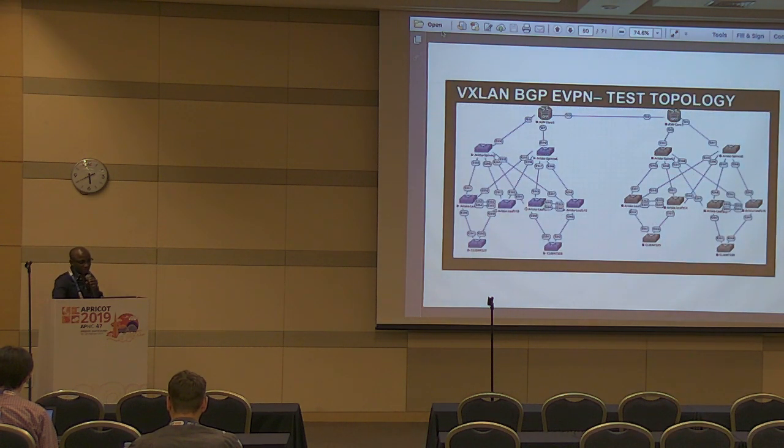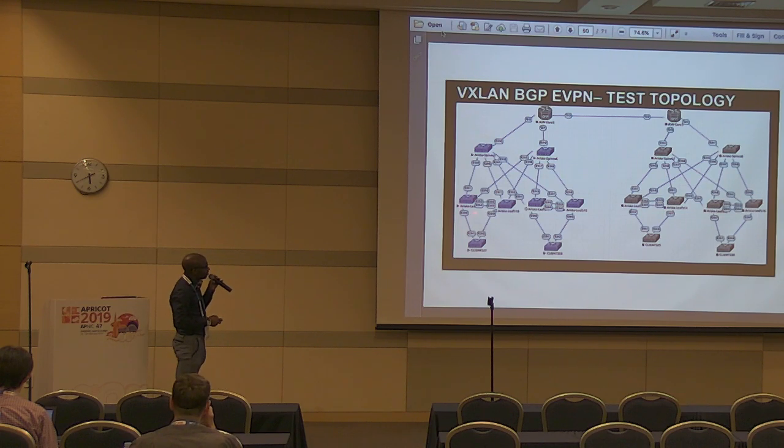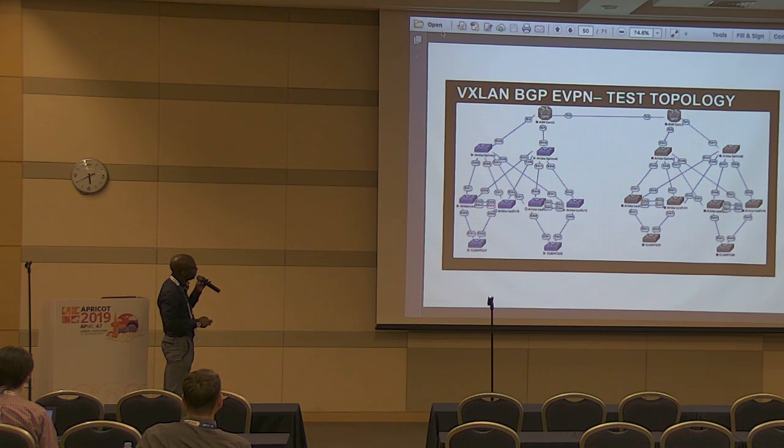My test topology, this is what it looks like. Again, these are all Arista configurations. So I've got a pair of leaves here, and here. The left-hand side is one data center. The right-hand side is another data center.